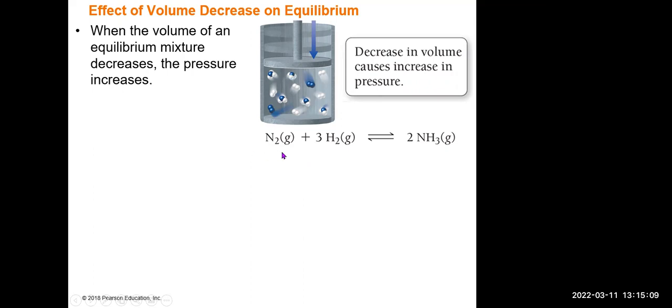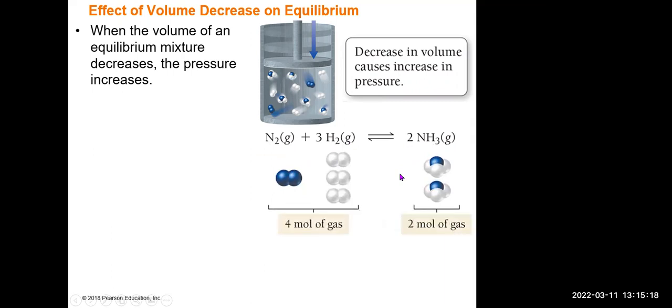In this chemical equilibrium, we have N2 gas plus 3 H2 gas producing 2 NH3 gas. And here are the pictures. Altogether, we see how much gas is on the left and how much gas is on the right. Why do we do that? Because we're treating those gases as ideal gases. When we think of the gases as ideal, their pressure only depends on how much we have, again at constant temperature.